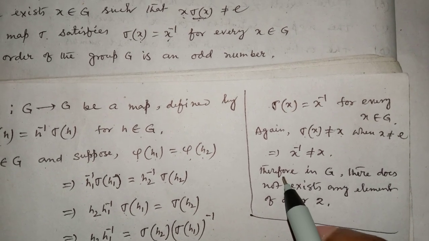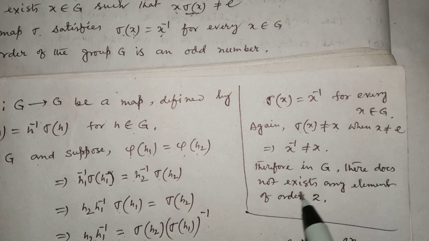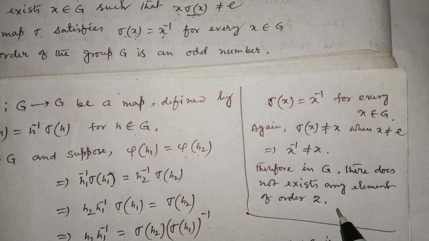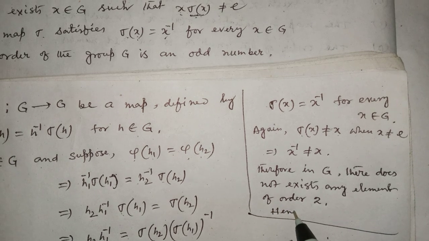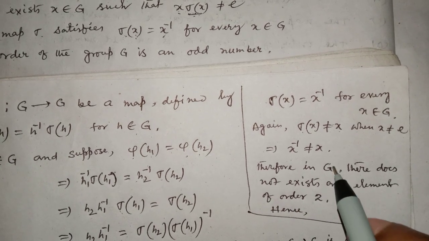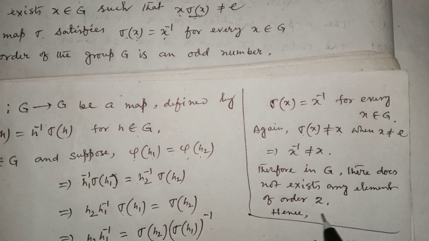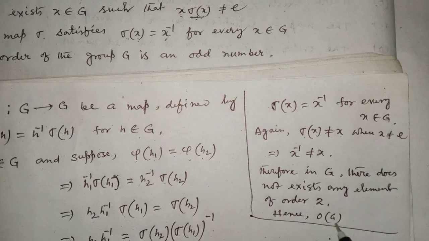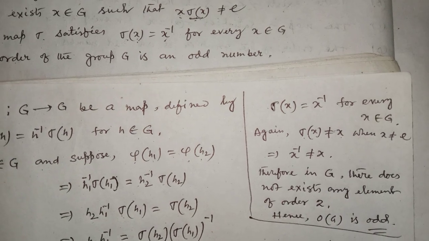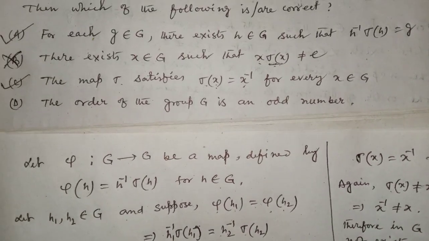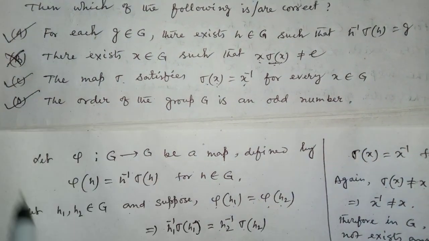Therefore, the order of G is not even. Hence the order of G is odd. So option D is also correct.